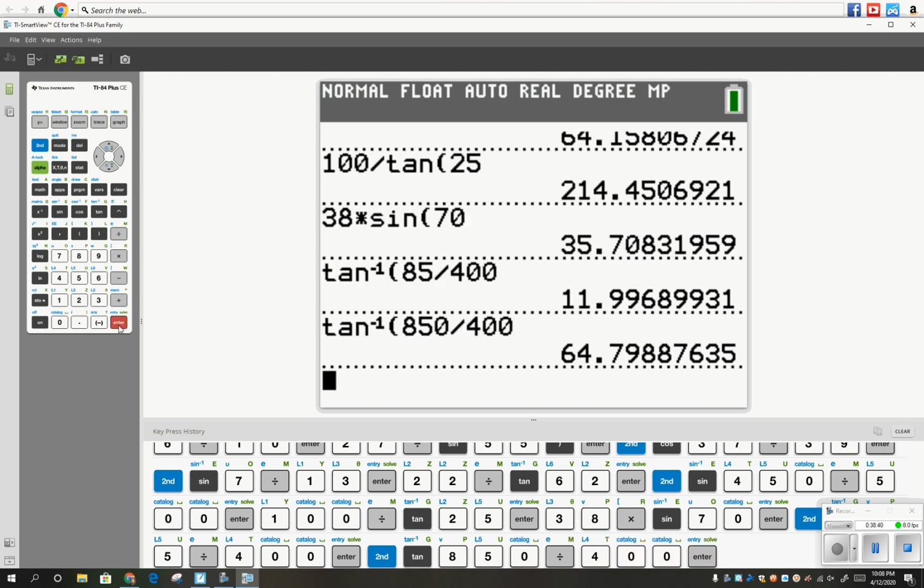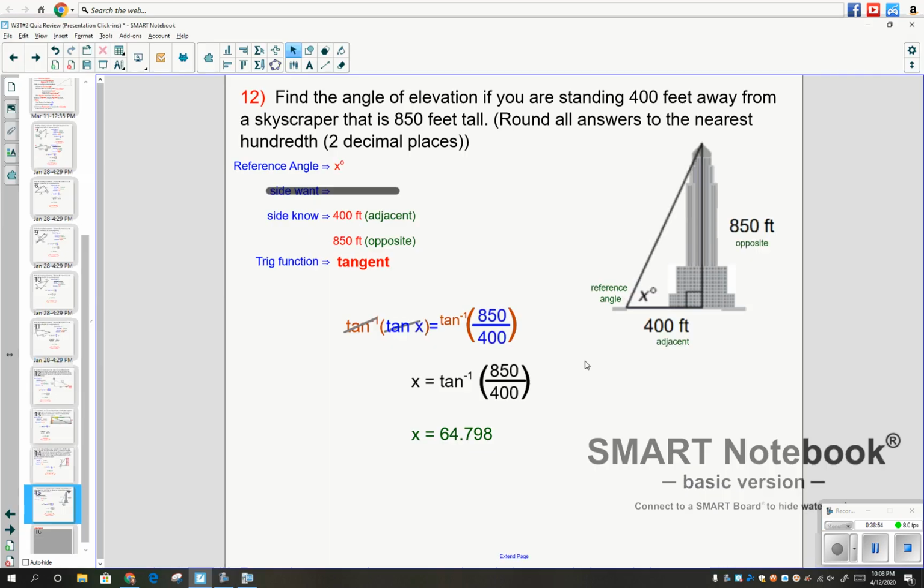See, you missed a number. It's huge. I forgot my 0. Off by over 50 degrees, almost 53 degrees, about. And it was 64.798. The 8 tells me to round up with the 9, which makes it become 64.8 degrees.